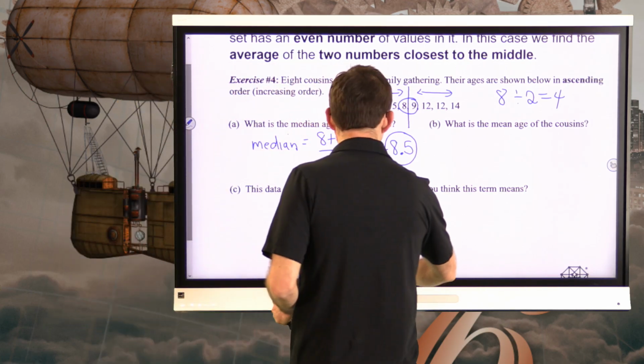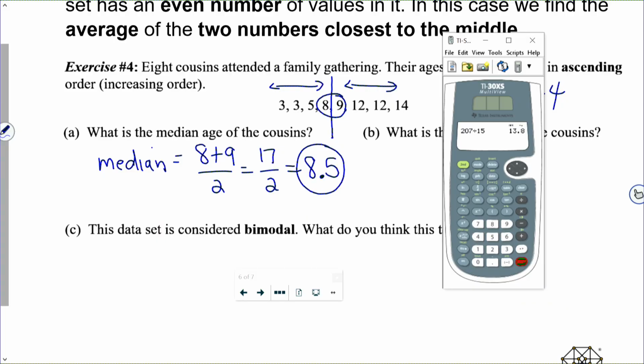All right, well, one thing that we have to do is we simply just have to add up all the data. And again, to do this, we just want to be kind of careful. So we're going to have 3 plus 5 plus 8 plus 9 plus 12. Now I regret not giving you the sum in the first place, plus 12 plus 14. Enter.